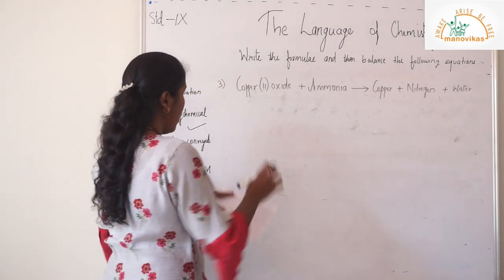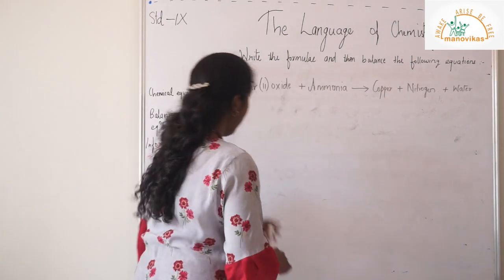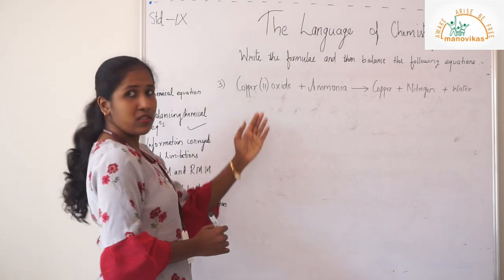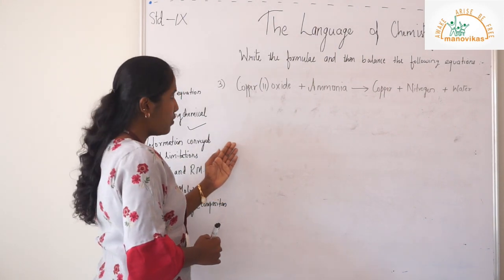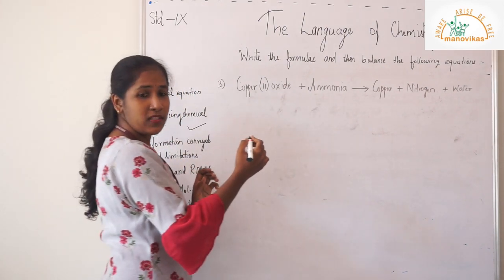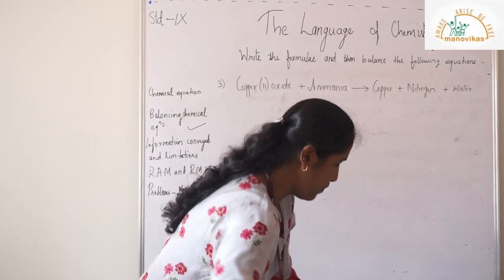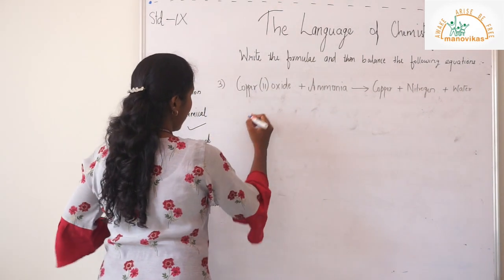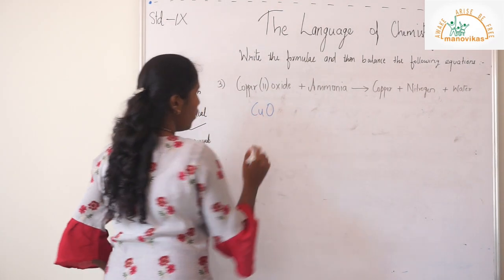So now copper oxide, as we have written, copper is valency 2, oxygen is also 2. So 2 and 2 will get cancelled. So you are remaining with CuO.